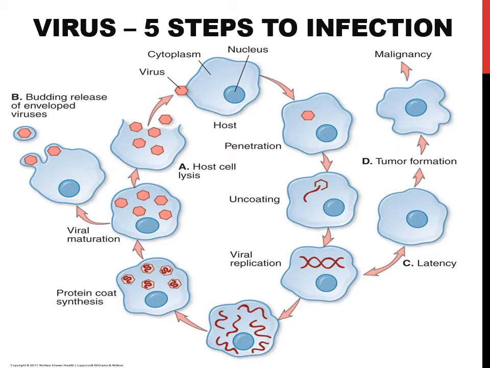Okay. Another example is the virus human papillomavirus, HPV, which is, by the way, the virus that gives you the common wart on your skin. It's also a sexually transmitted virus that can give you genital warts.